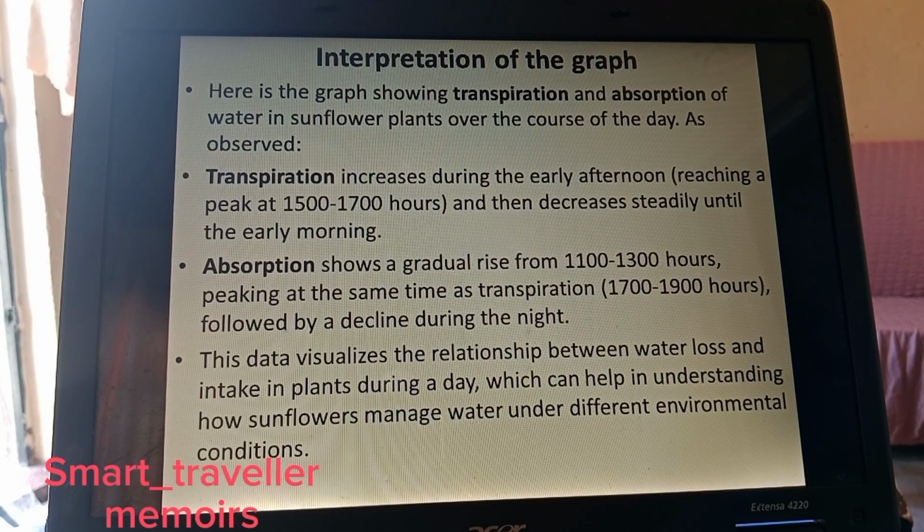Absorption shows a gradual rise from 11 to 13 hours, peaking from 17 hours to 19 hours, followed by a decline during the night. This data visualizes the relationship between water loss and intake in plants during a day, which can help in understanding how sunflowers manage water under different environmental conditions.